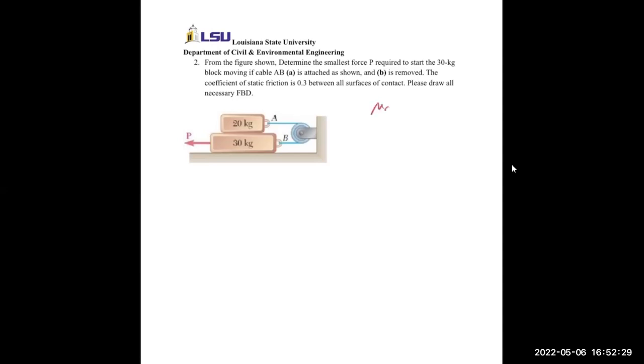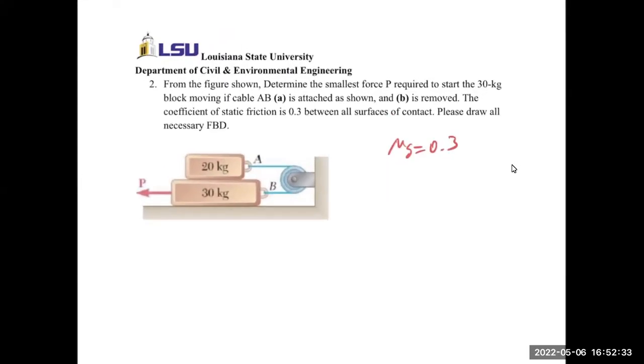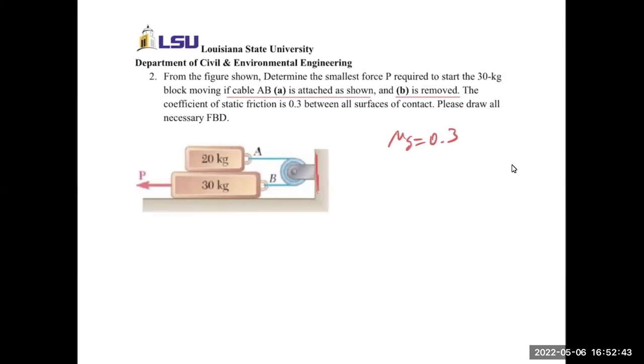So we know that mu s will be equal to 0.3. And then here, it tells us to consider two cases. First case is if AB is attached. Second case is AB is removed. What does that mean? If AB is attached to this wall, this pulley right here, that means you are pulling those two things at the same time.